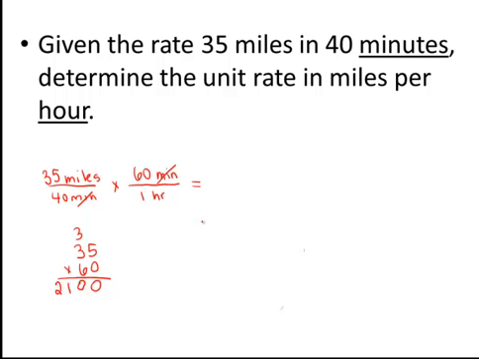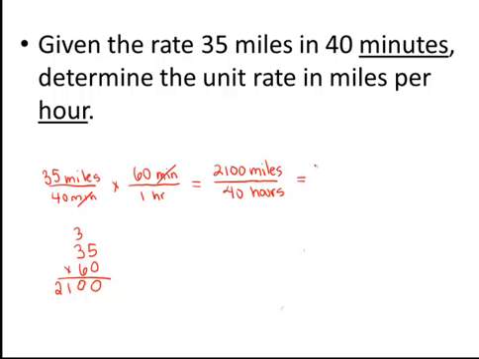So in the numerator we have 2,100 miles. In the denominator we have 40 times 1, which is 40 hours. We have our rate in miles over hours.